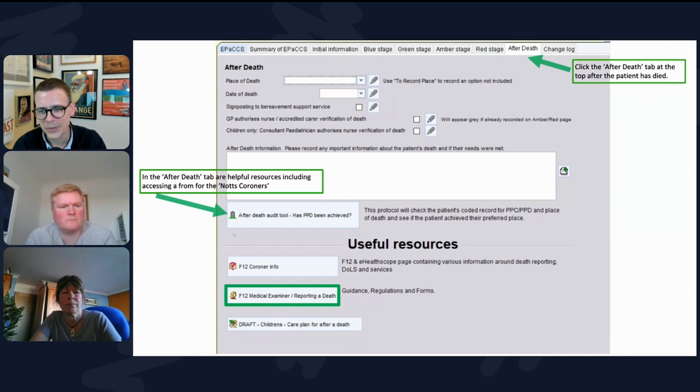I think we might have built it ourselves, or it might be that we use the medical examiner's reporting a death template, but we fill out some after death information, which our secretaries then kindly send along to the medical examiner. Then we get a reply back from the medical examiner asking for more information, or quite often suggesting that we're able to issue the death certificate as we've advised. But maybe that's out of scope for this session, and there've been sessions by the medical examiner about what to do. Anything to say on that, Julie?